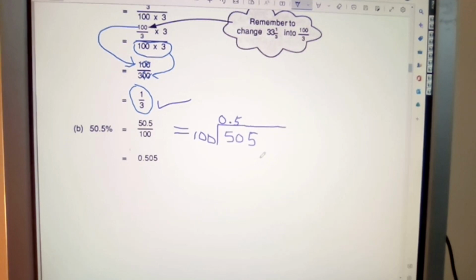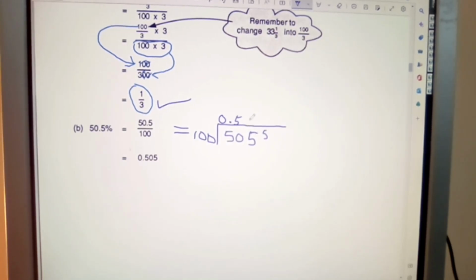Now what's left over? 5. 105 won't go. 0.